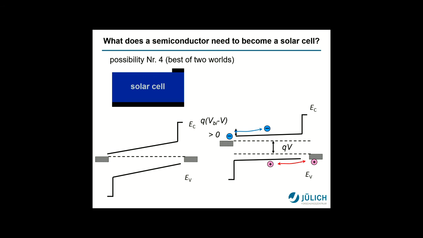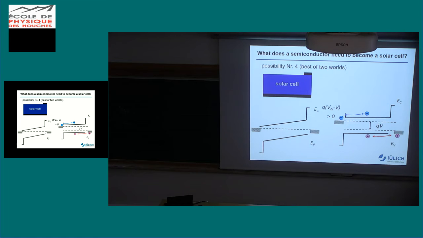What will work instead is if you combine the best of the two worlds, having a PIN junction or a PN junction. And that was your point with the electron going out on the wrong side, which really is the reason behind switching from full area metal contacts in silicon to the PERC technology, because you do not want to have metal on the backside of your silicon solar cell, and that's true for any solar cell.